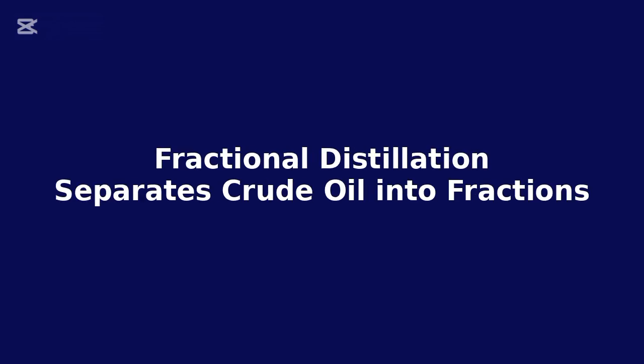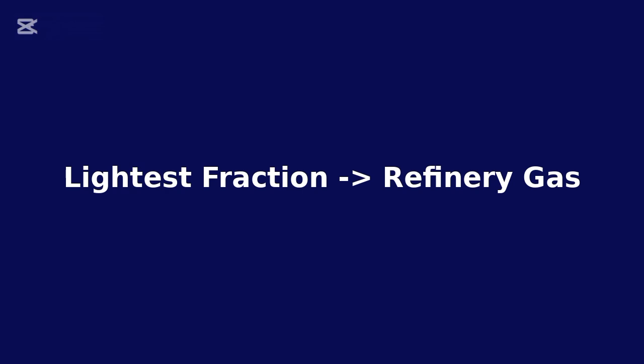Petroleum is a mixture of different hydrocarbons. Fractional distillation is a process whereby crude oil is divided into different fractions like petrol, diesel, bitumen, kerosene and the like.